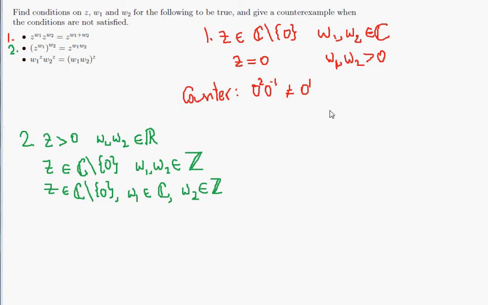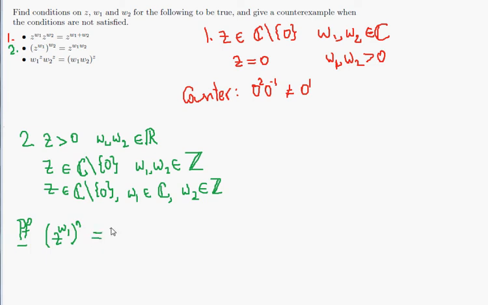Now, we did not prove this in class, but let's prove it here. Proof. So let's take a look at z to the w1, and let me switch letters to n to emphasize that the outside exponent is an integer.